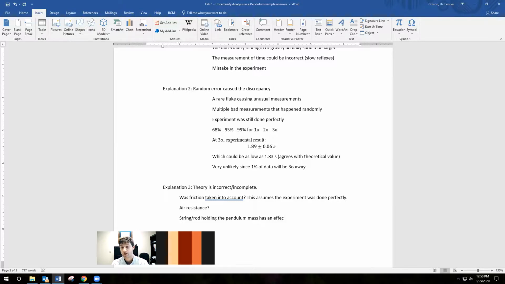So we didn't include the springiness of that string. So maybe the string or the rod, whatever is holding the pendulum mass and swinging it back and forth, has some effect on its dynamics, which it would, and that's not included by the theory.